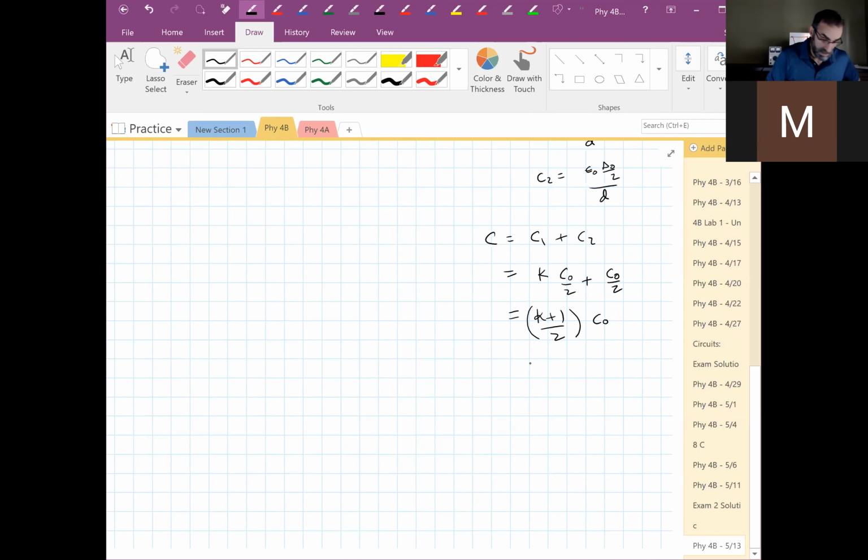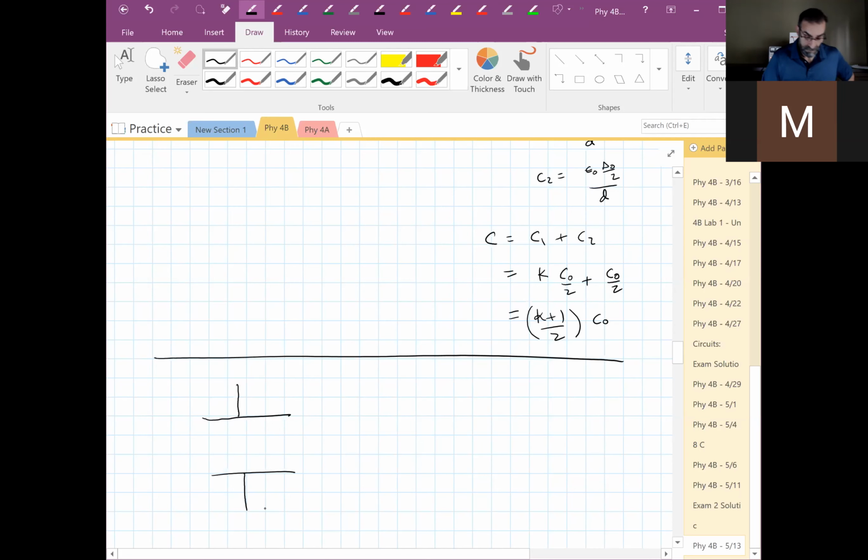And you can do the same thing if I hooked it up the other way. We have a capacitor here, I'll just call the spacing D. And we fill half the volume with a dielectric, but we do it in this orientation now.